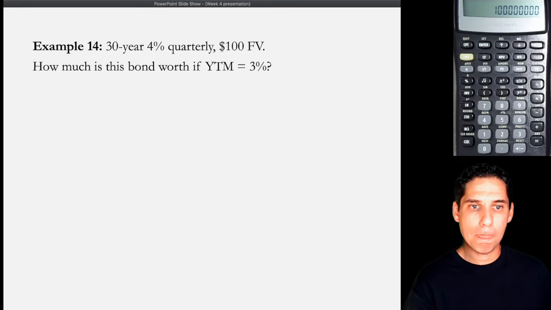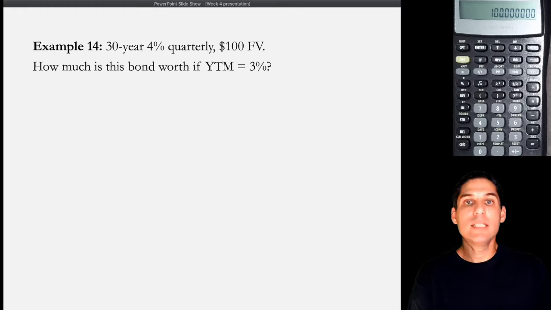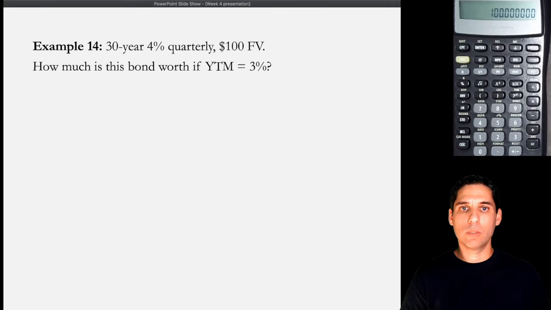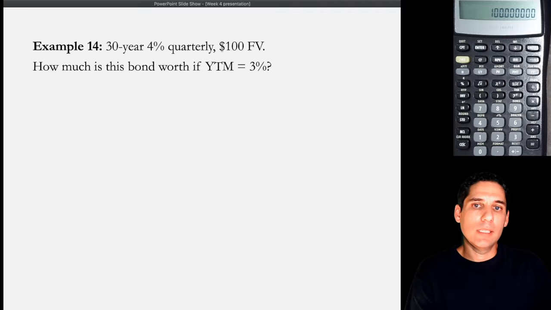All right. But what if now, let's say the yield to maturity changes. So something changes and the market, which is the collective wisdom of all the bondholders and investors looking at this bond, collectively decides that we don't need 4% from this anymore. We would be okay with 3%. Maybe interest rates dropped in the economy.